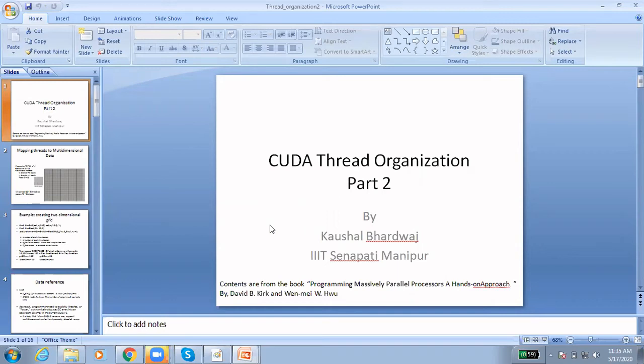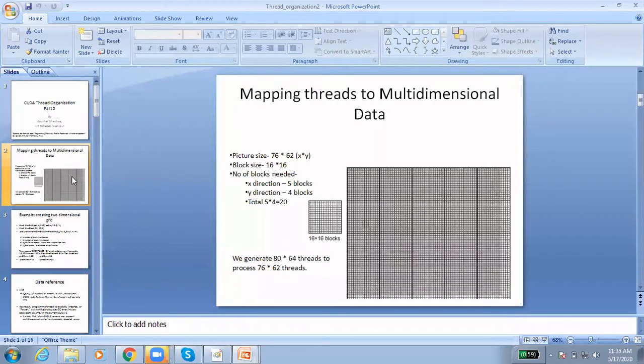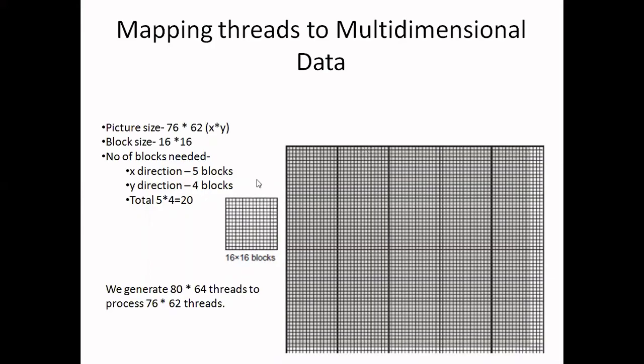We have already seen how the threads are launched, and while launching, the configuration is given. Let me begin. We are taking an example where I have a picture of size 76 cross 62.